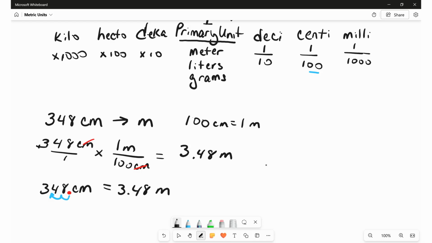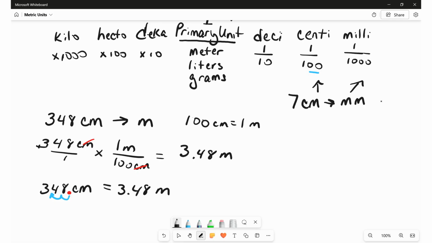Now, what does that mean? Well, let's look at another example. Let's say that we want to convert 7 centimeters to millimeters. Well, if you notice, we have centimeters here and millimeters here.